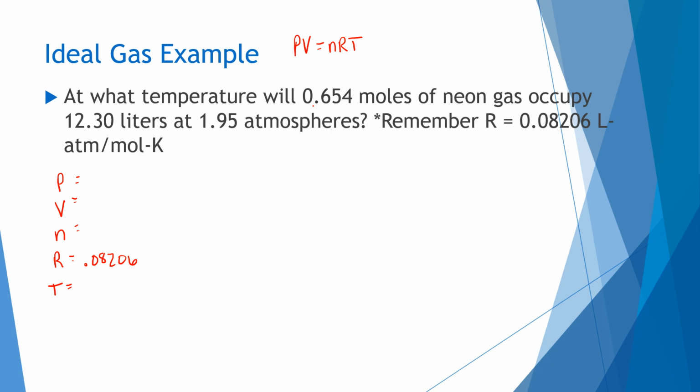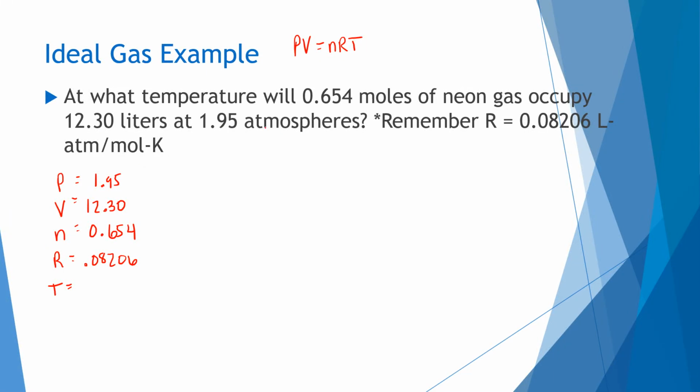So here it says we have 0.654 moles, so that's going to go in for n. Because it's already in moles, we do not have to convert it, so it is good. Here it says we have 12.3 liters, which is a volume. Because this is already in liters, we do not have to convert it either. And last but not least, 1.95 atm.